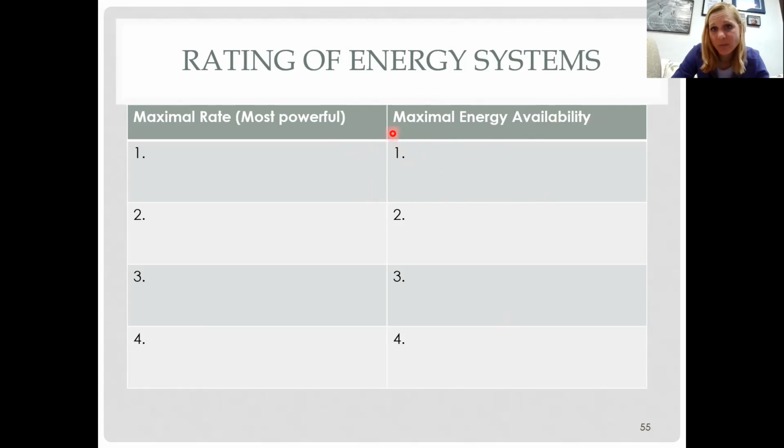Okay. Maximum energy availability, I have about 70,000 calories worth of fat stored for the average person. When I think about the aerobic system, the use of carbs, I have about 2,000 calories of carbs stored within the body. Okay.